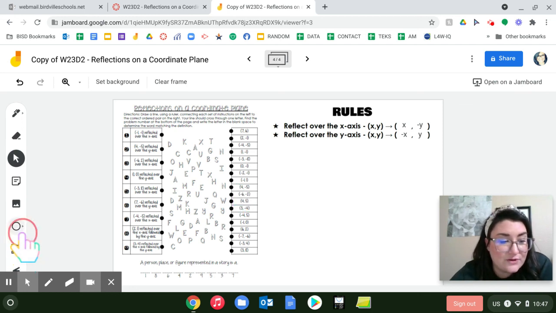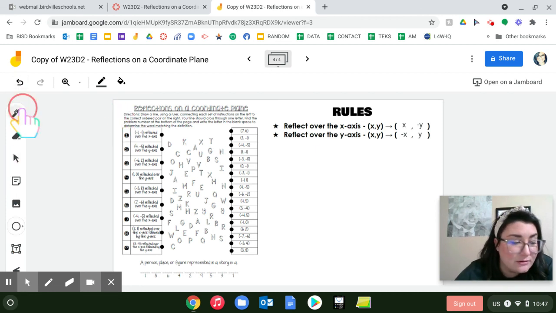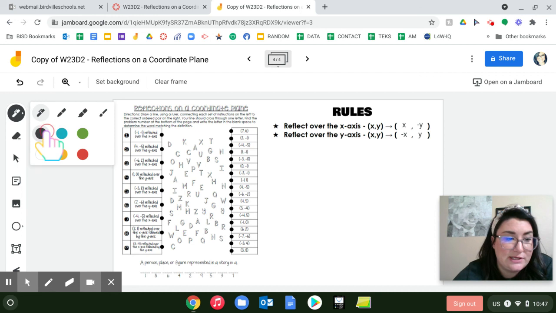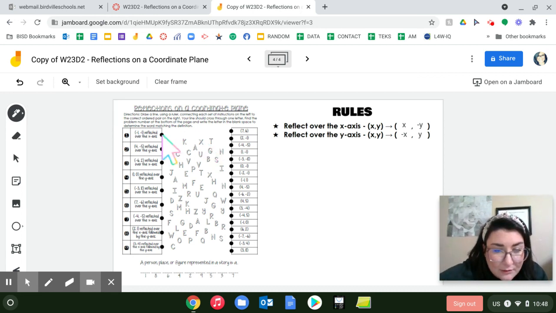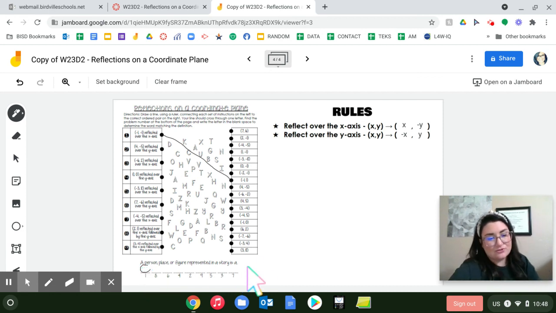Now, one of the difficulties with this on a computer, so your line is not going to be very straight. So do the best you can. We're going to draw a straight line through, and it looks like the only letter I hit is C. So down here, when we see a number 1, we're going to put a C. Okay, so try to do that.